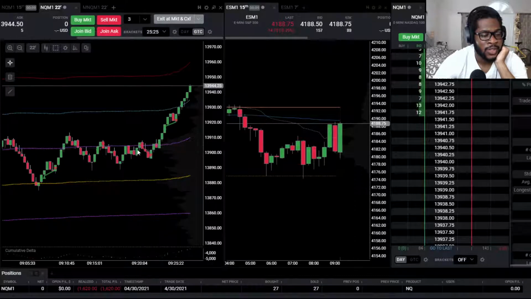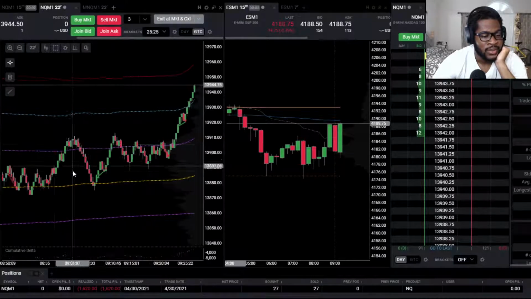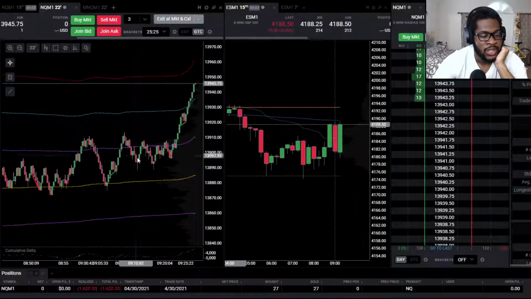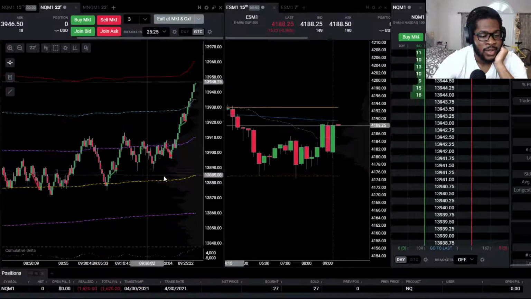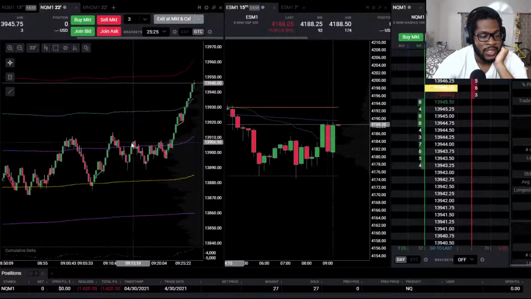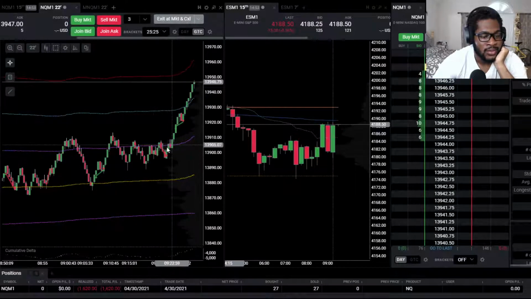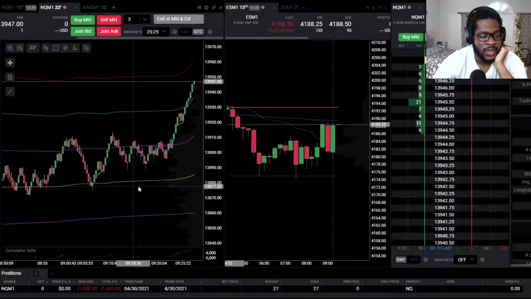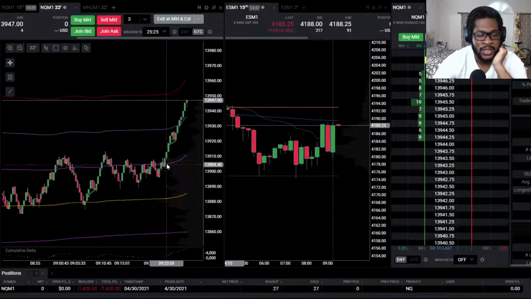If I was trading the one contract, after this point here, it makes sense to put a stop that's either underneath this swing area or just underneath VWAP, either or, and to just buy and just hold. Set your stop underneath this area or set it under VWAP and literally walk away.